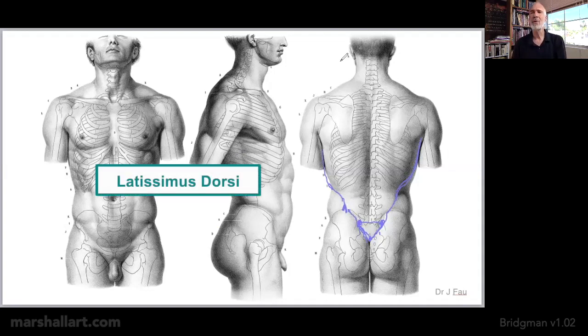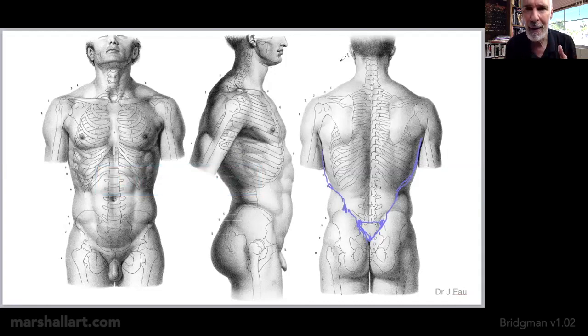The latissimus dorsi is purely and entirely an arm muscle. It does nothing but, that's its job, is to pull the arm back. So when you do pull-ups, that will grow. When you swim and you go like that a lot, it'll make you grow. And it's anchored all the way back here. And it sits on top. So it's the one that everybody knows the name.